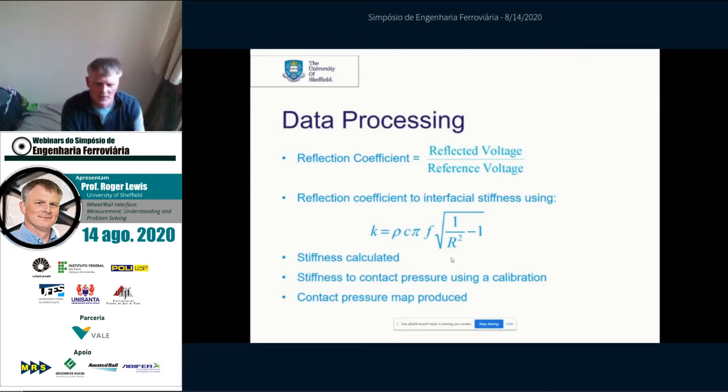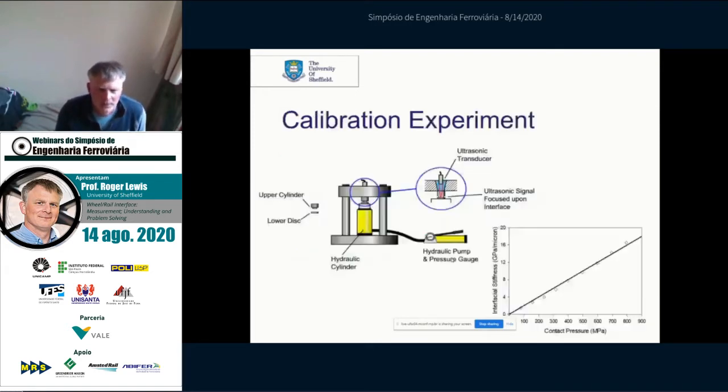There are some more mathematical ways to do this emerging that would allow us to perhaps avoid a calibration. Calibration is quite a sensitive stage of the process because the calibration is very much affected by the roughness of the surfaces, as you might imagine. The transmission of ultrasound is very strongly affected by roughness. So when we do the calibration, we have to use surfaces similar to the actual specimens.